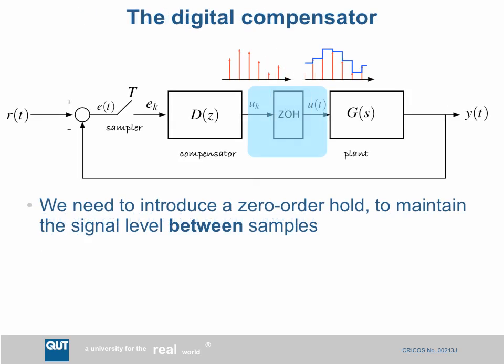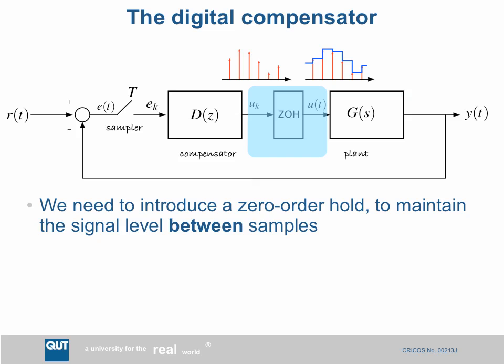So the trick is to introduce a device called a zero-order hold. What a zero-order hold does is it takes a sequence of numbers and maintains that value until the next sampling time. So in this case, we input a sequence of numbers represented graphically as a number of spikes, and the output of the zero-order hold is a signal which has got a continuous value over time.